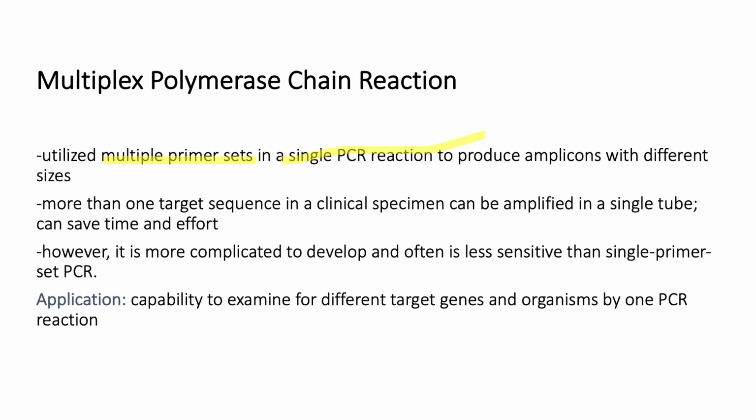Number 2, dapat hindi complementary to one another yung mga primers, dapat hindi sila magdikit-dikit. At pangatlo, dapat iba-iba yung sizes ng amplicons para ma-distinguish natin, ma-visualize natin ito via gel electrophoresis. Okay? Tandaan mo yan. Huwag kakalimutan.